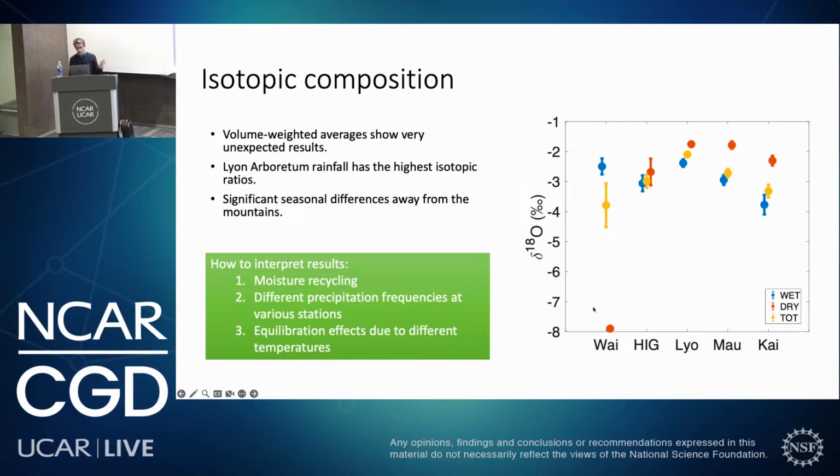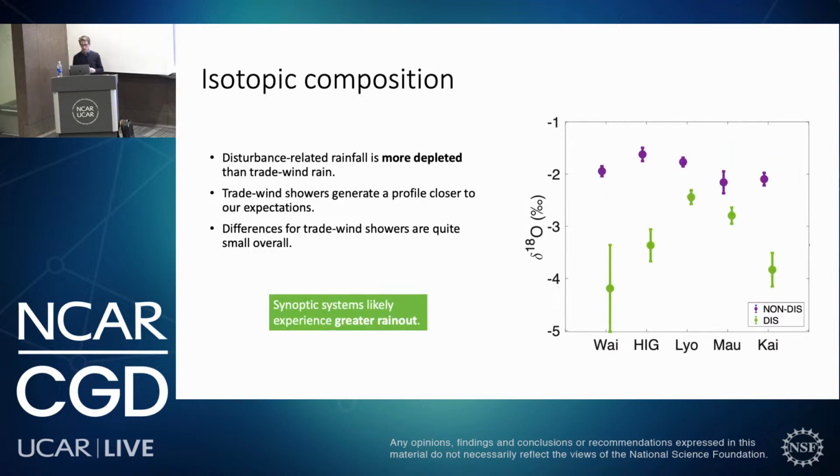Another way of separating these data is, instead of using the season, we used the presence of a disturbance. Here we're showing in purple the isotopic composition during weeks where there was no discernible disturbance over the islands. These are primarily driven by trade wind showers, and the green are weighted averages during periods when we had disturbances.